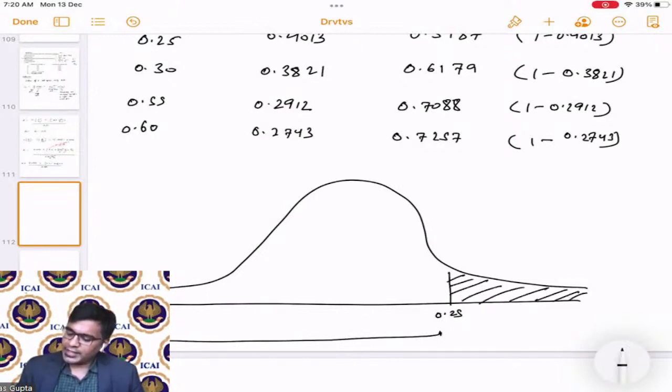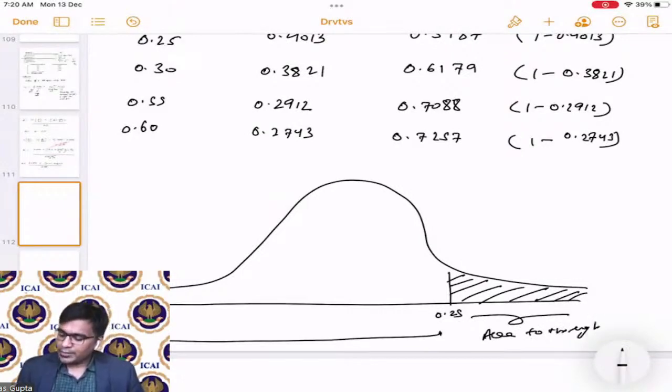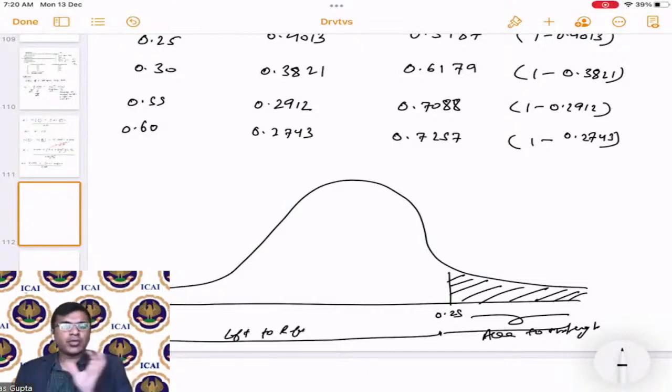One tail means the area to the right. So area to the right plus area from left to right will always be equal to 1, because the total probability is always equal to 1. Hence, we have done 1 minus area to the right to arrive at the area from left to right.